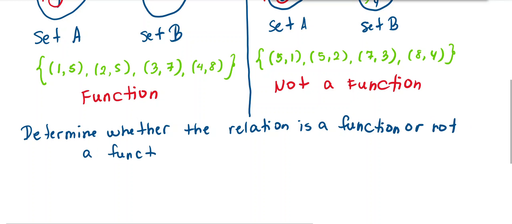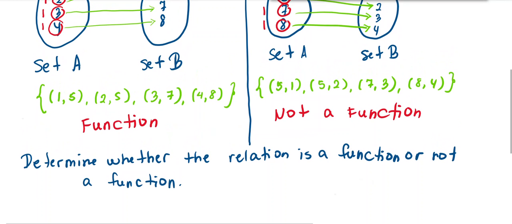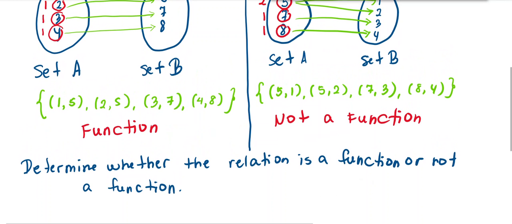And before I proceed to this one, let's also go back to the set in raster method. In the function side, notice that the first elements, like 1, 2, 3, and 4, only show up one time.